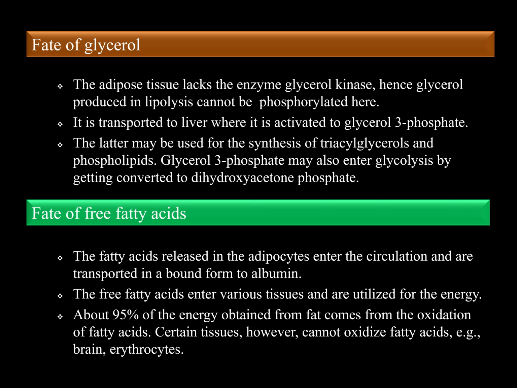So glycerol is transported to the liver, where it is converted to glycerol 3-phosphate and used for gluconeogenesis or other pathways. In contrast, fatty acids released from adipose tissue go to tissues for energy production through beta oxidation. This is how the liver during fasting becomes a major organ controlling glucose and lipid metabolism.